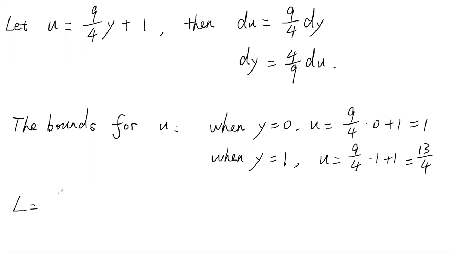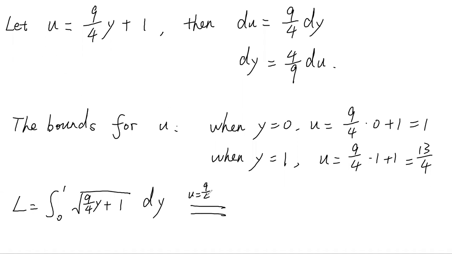So L, which originally is the integral of the square root of 9/4 y plus 1 dy from 0 to 1. Once we use the u substitution, u is equal to 9/4 times y plus 1, the bounds will change for u.